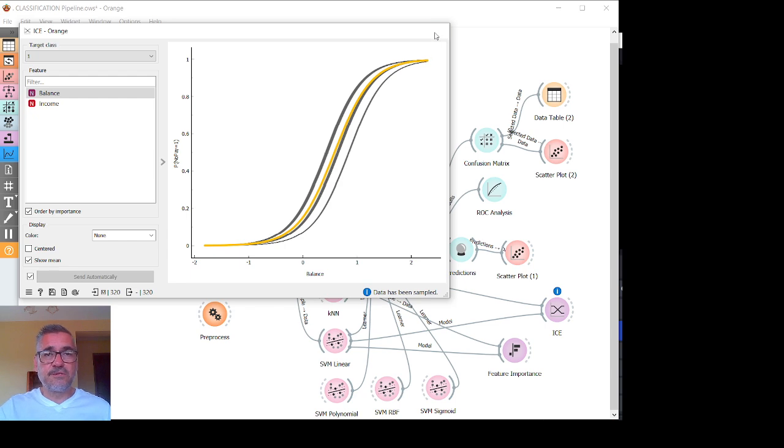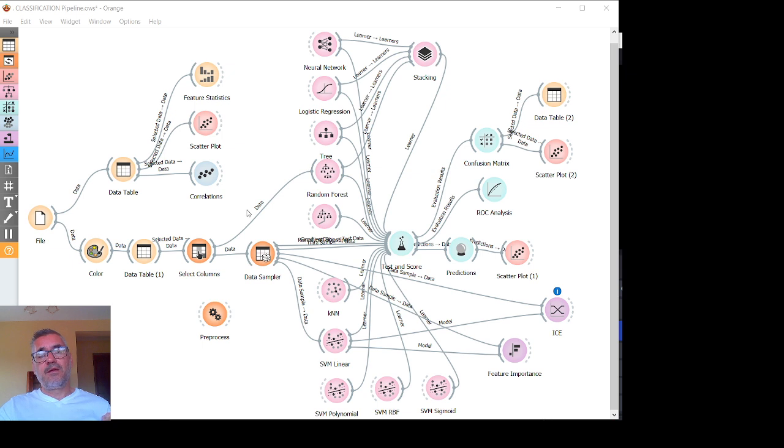Remember that once you create the workflow, this pipeline, then it is easy to train new models, because you just have to input a new data set. Of course, I explained everything here. We're using a data set where the dependent variable is a categorical, binary variable, so we have a classification problem.